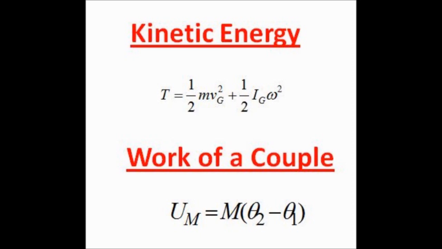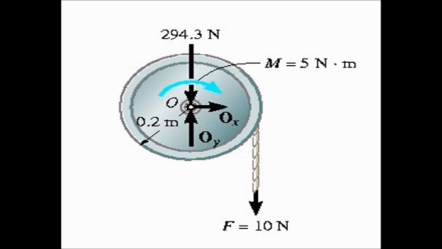I have already told you, to solve any problem in dynamics, it is always better to draw the free body diagram and kinetic diagram of the given arrangement if possible. Free body diagram is a diagram in which all the supports are shown by its reactions. This figure shows the free body diagram of the given arrangement.